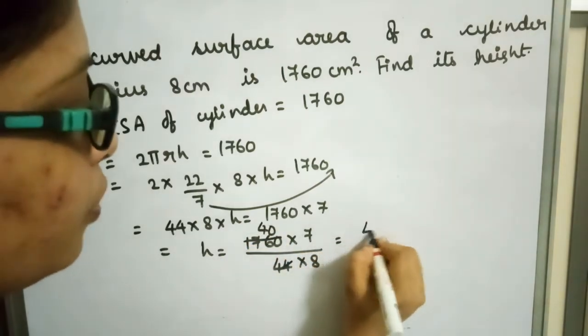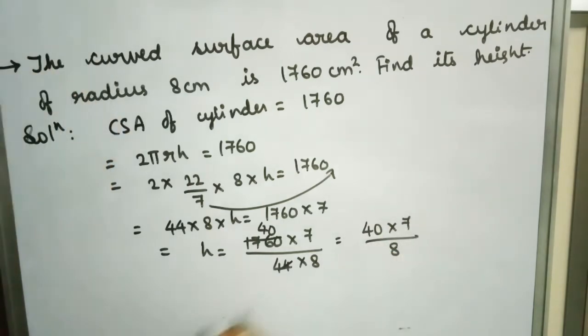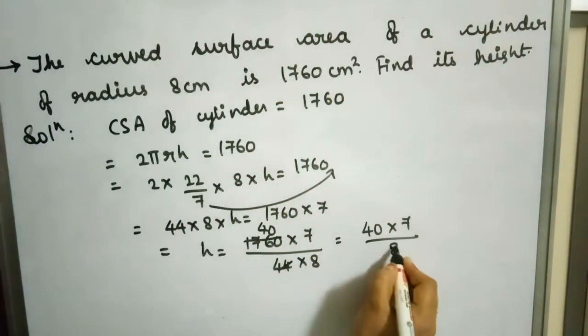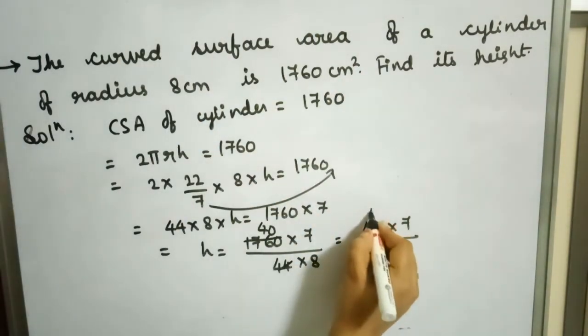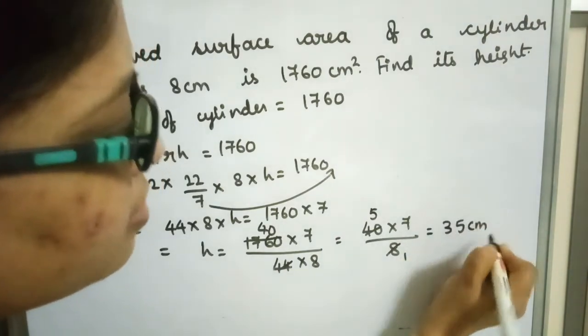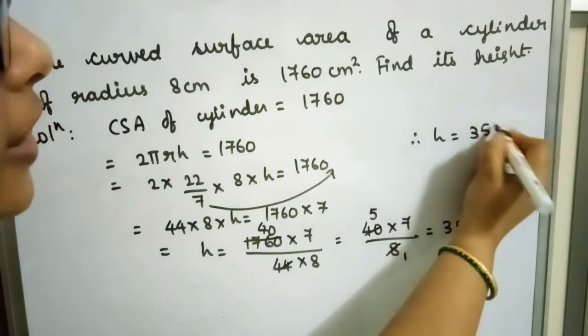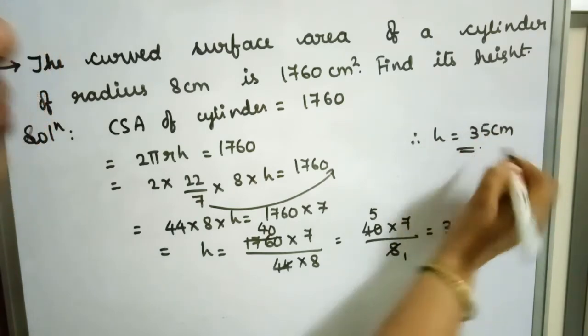So we'll be left with 40 into 7 by 8. 8 ones are 8, 5s are 40. So which is equal to 35 centimeters. So therefore the height is equal to 35 centimeters.